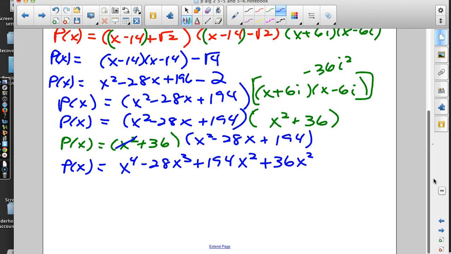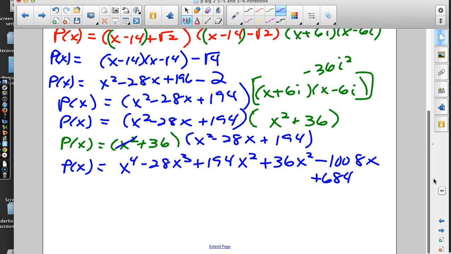And yeah, we're going to need a calculator to do some of this stuff here. So we've got 36 times negative 28. That is 1008x. And then we have 36 times 194. That's going to be even worse. 6,984.